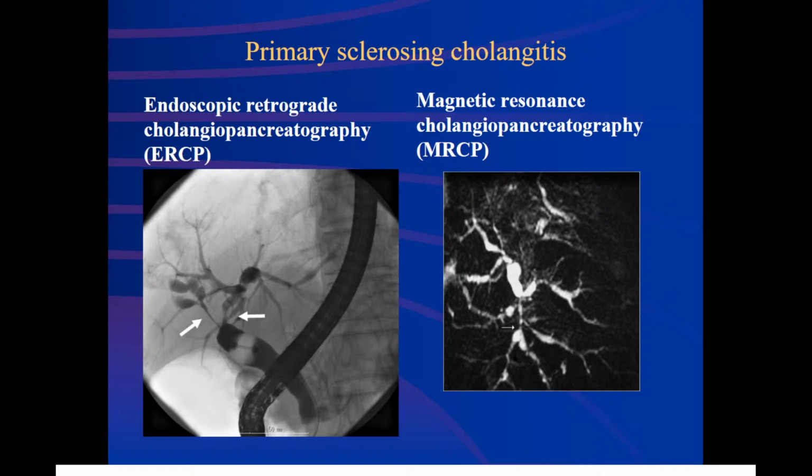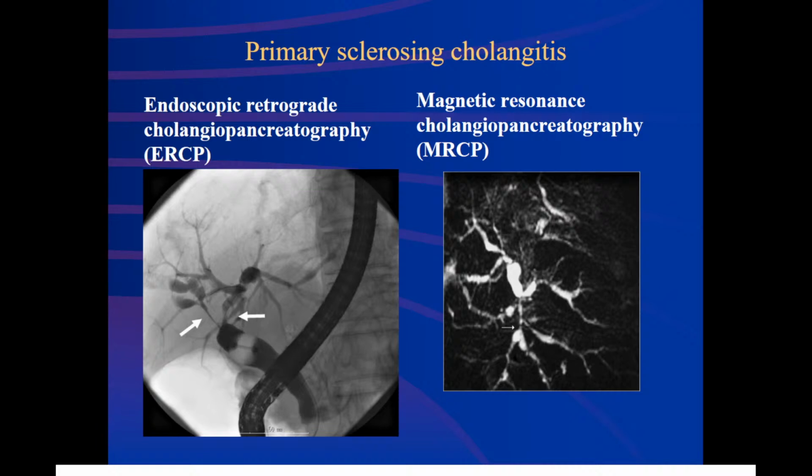And a more comfortable for the patient but more expensive method is magnetic resonance cholangiopancreatography. It is nearly the same but not invasive. In case of MRI, we use IV contrast and there is no need to swallow this big and uncomfortable tube, and it is a more sensitive method.